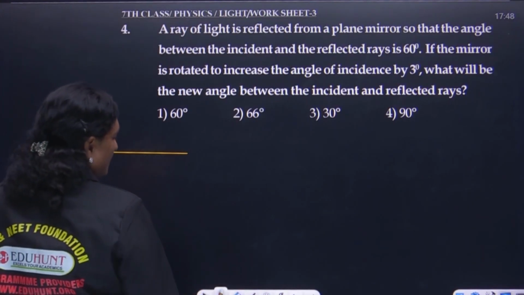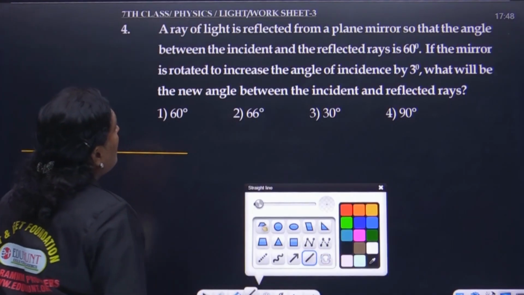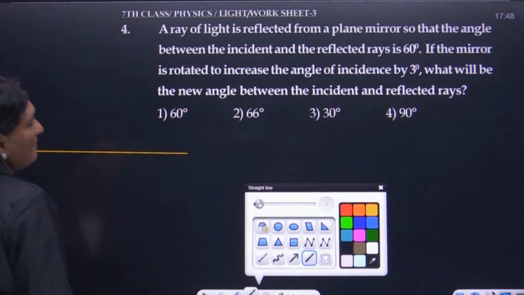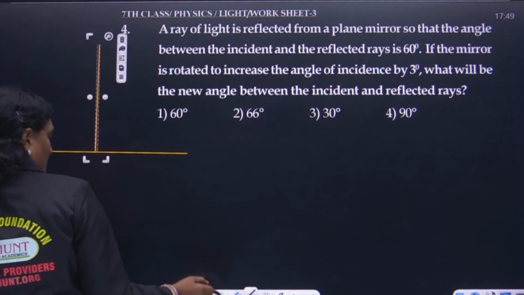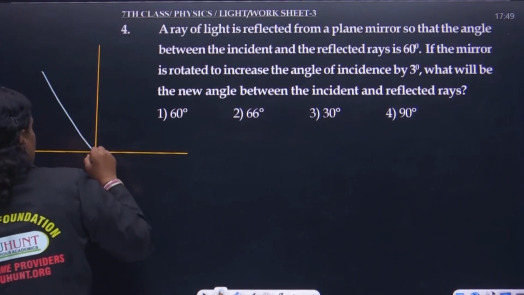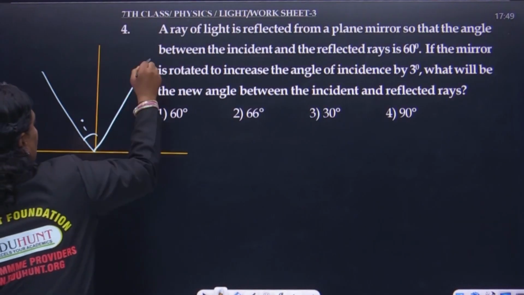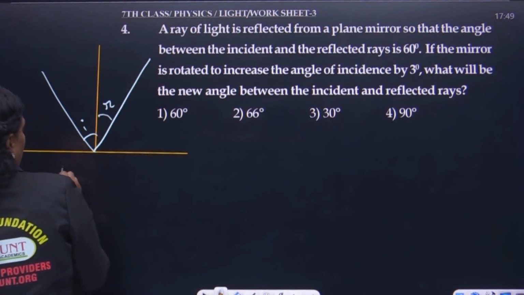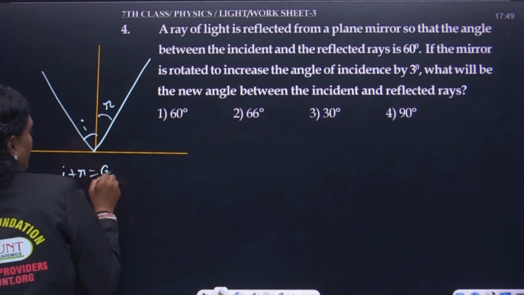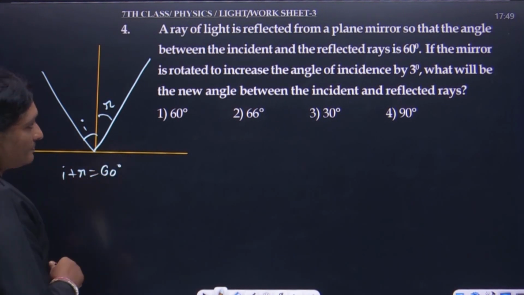A ray of light is reflected from a plane mirror so that the angle between the incident and reflected ray is 60 degrees. If this happens to be the incident ray, then this will be the reflected ray, and the total angle I plus R is given as 60 degrees.